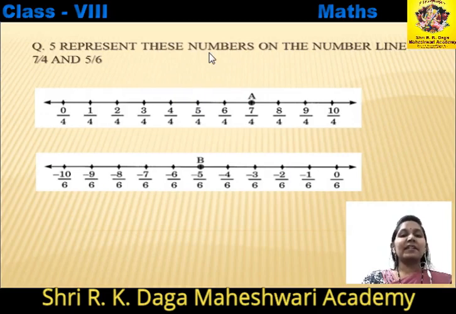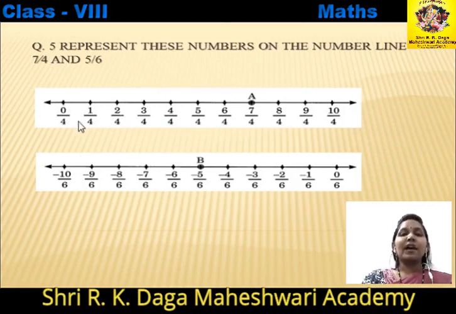Now representation of numbers on the number line. First is 7 by 4 and second is 5 by 6. First we will draw a number line and then we will write numbers from 0 to 10. Now you can see in the denominator you have 4. So in every denominator we will write 4.